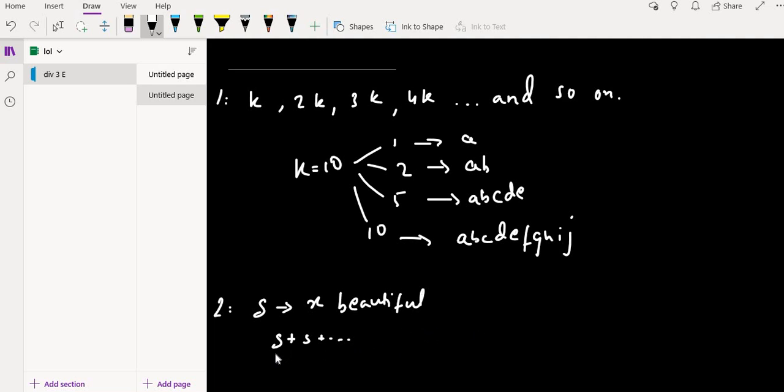Because we have a repeating substring S, which when rotated by X is definitely going to lead to the same string over and over again. For example, let's say S is equal to ABC. This is 3 beautiful, we can see. So any combination of S with itself, let's say ABCABC, is also going to be a 3 beautiful string.